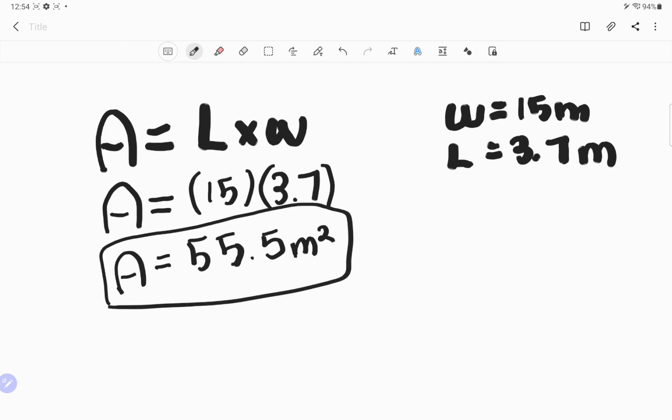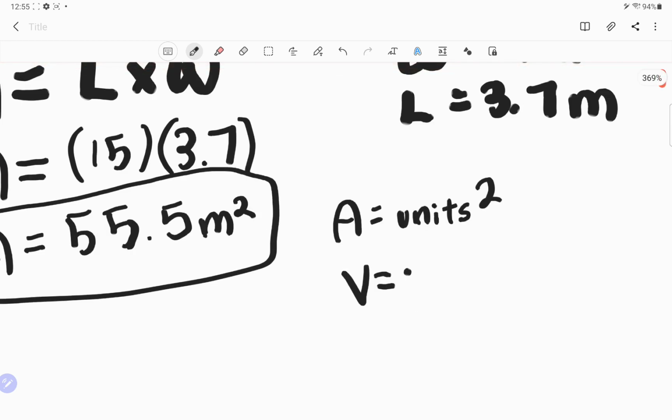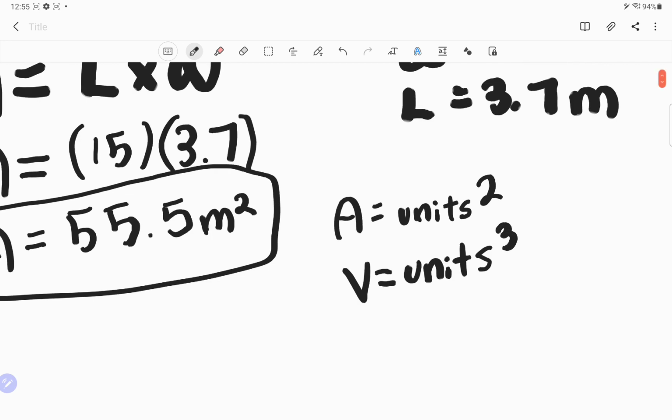Whenever you do an area, I'm going to write it right here just for your knowledge, your units are going to be squared. Sometimes I get them confused and write the opposite of each, so don't do what I do, do what I say. Whenever you do volume, make sure you put a 3.